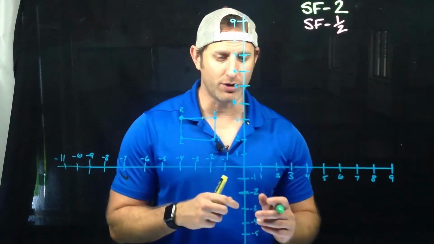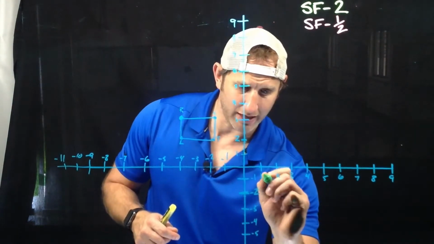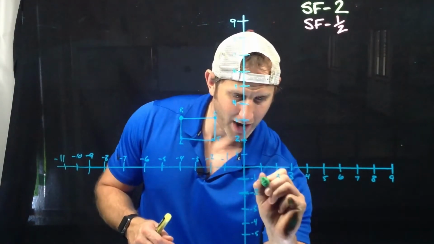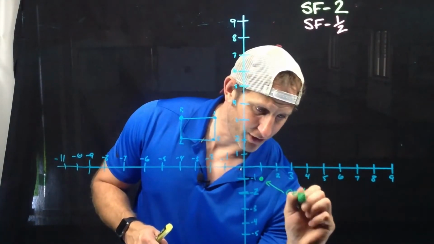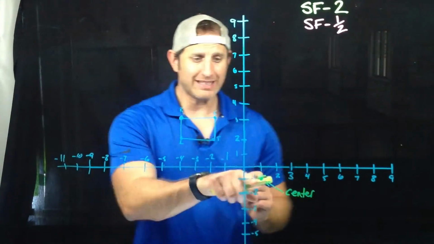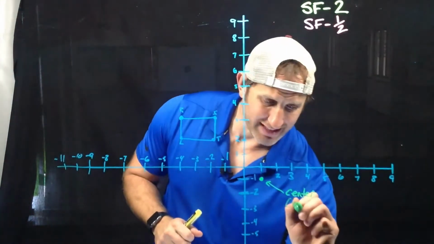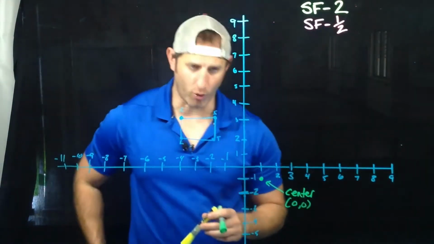Let's keep it simple. Let's go just 1, -1. So we're going to put our center point right here. This is now center, and so when we look at it as center, this is now our new 0, 0. It is now our new point of origin.